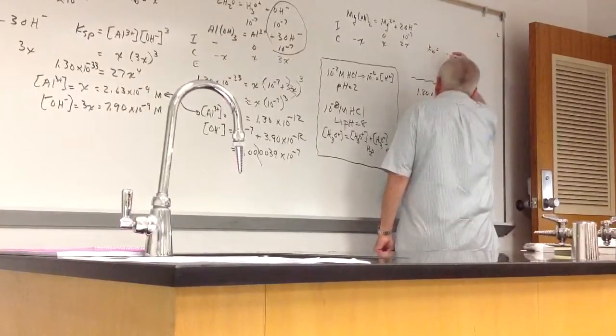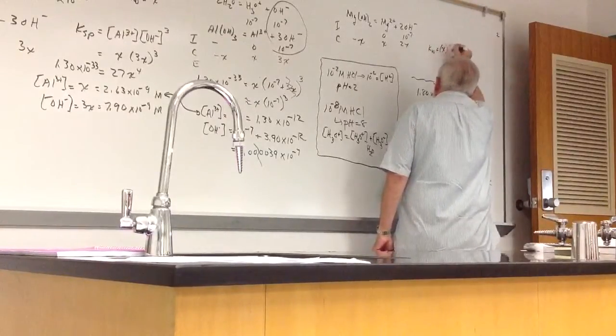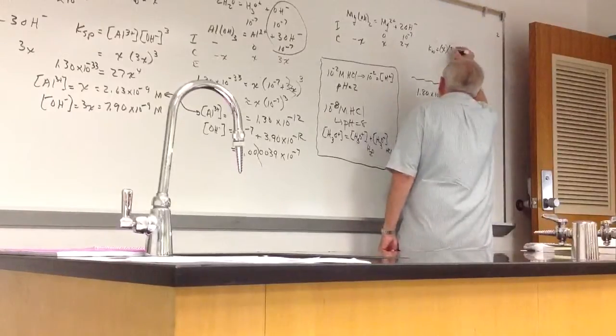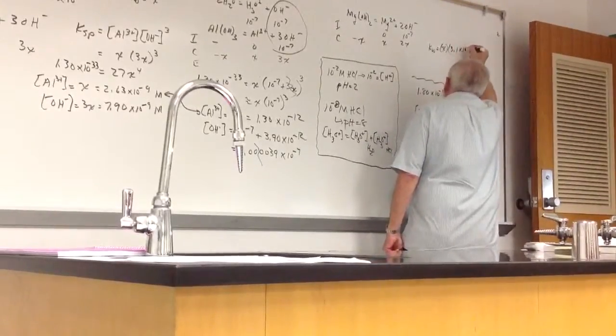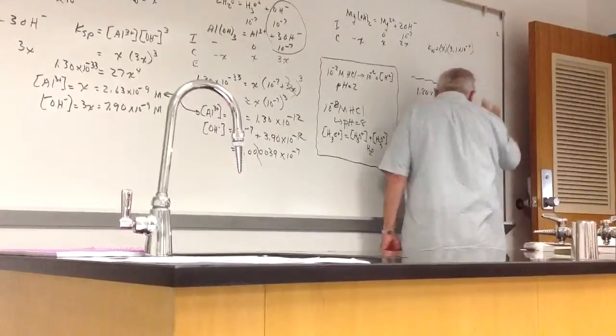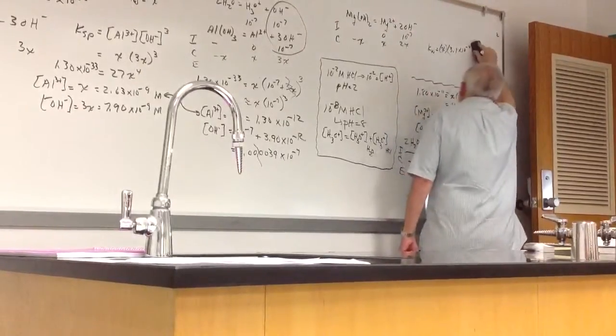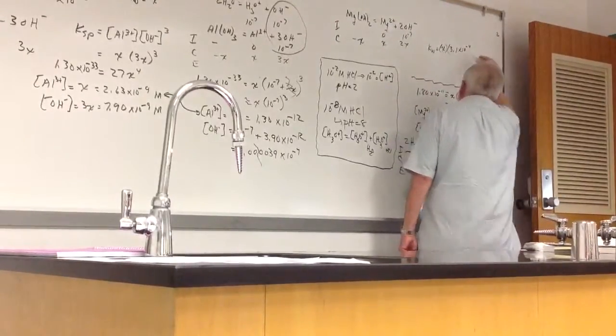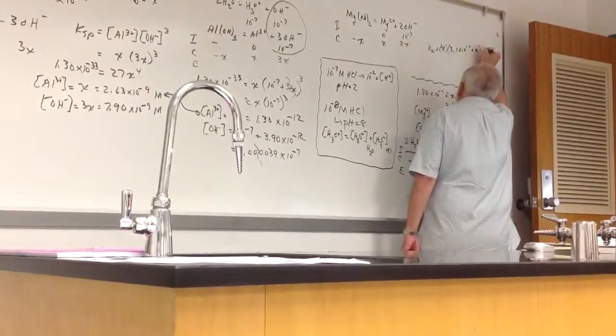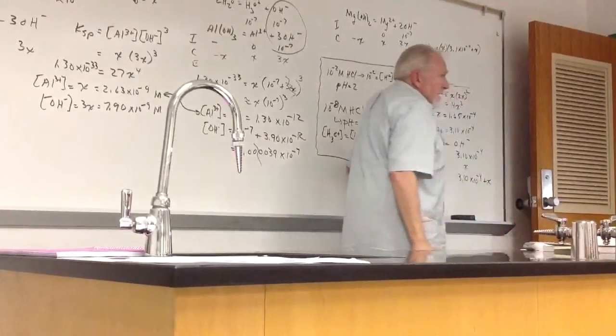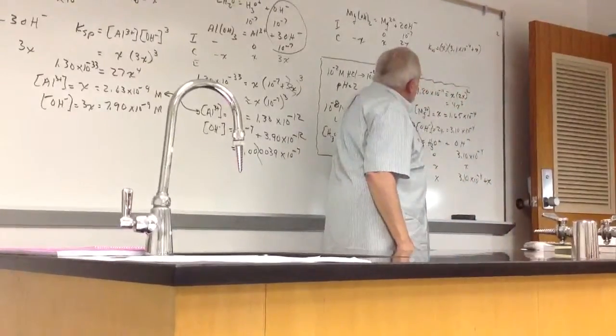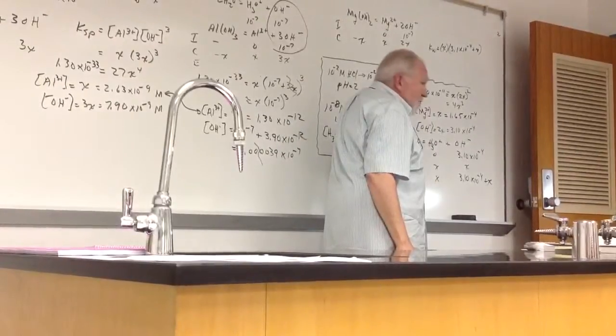Kw is equal to hydrogen ion times hydroxide ion, plus X. Okay. And I know Kw is 10 to the minus 14, so X has to be pretty small.